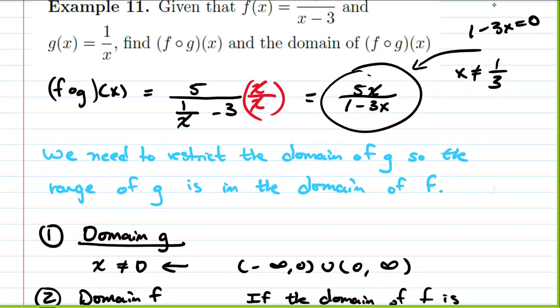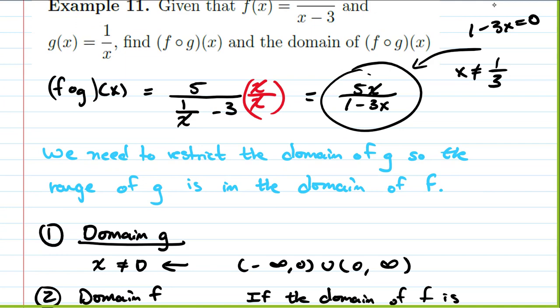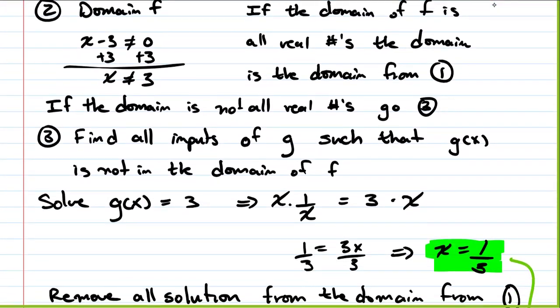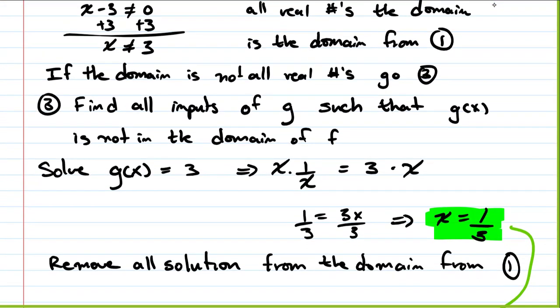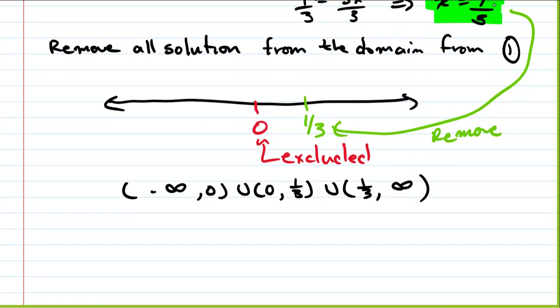So notice if we just did the composition, we would miss one of the points that needed to be removed from the domain. So we can't just go to the answer and find the domain. It will unfortunately lie to us some of the time. So we have to actually figure out the domain and range of each of the functions and then combine them using this algorithm.